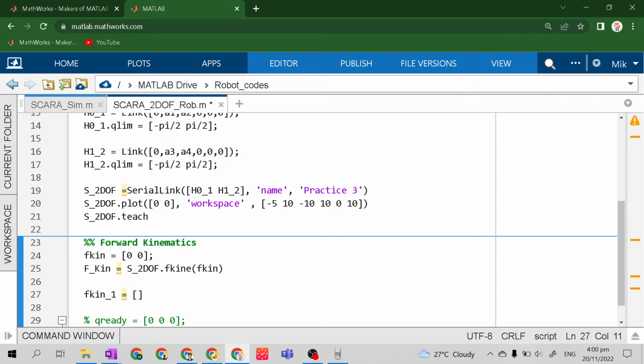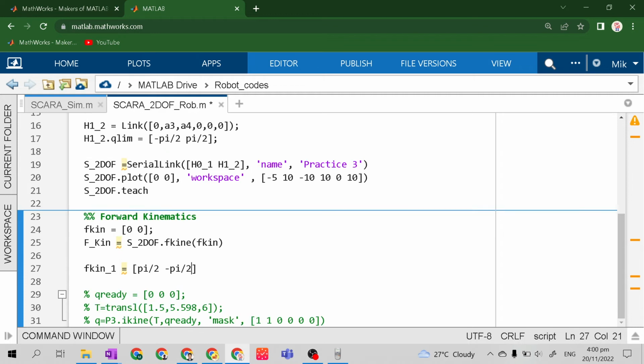The default unit in any programming language is radian, so let's give it pi over 2 and negative pi over 2 as joint variables.